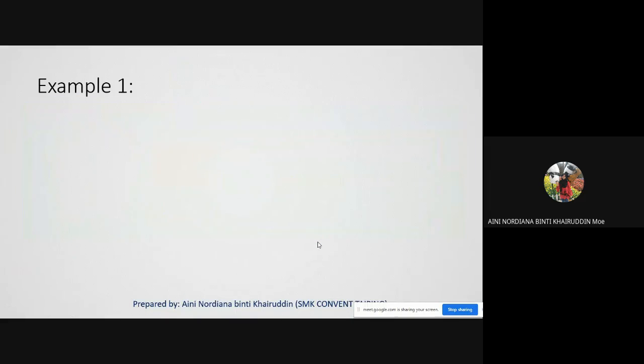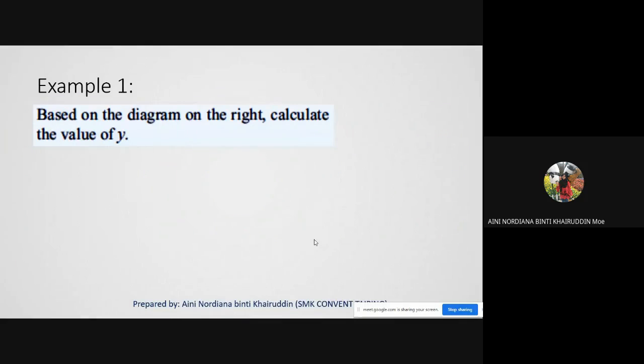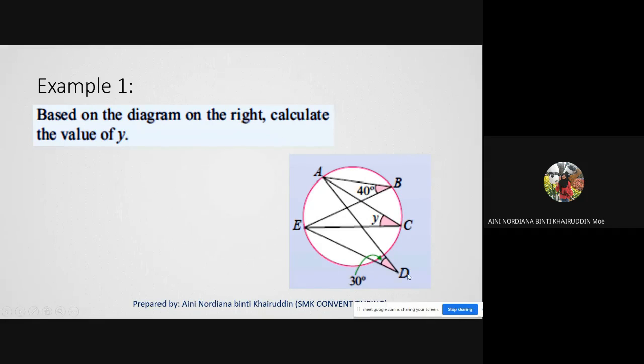Okay, have a look at this example. Based on the diagram on the right, calculate the value of y. So y from what arc? The angle y is subtended by what arc? Anyone?